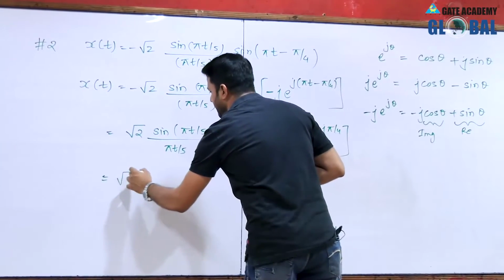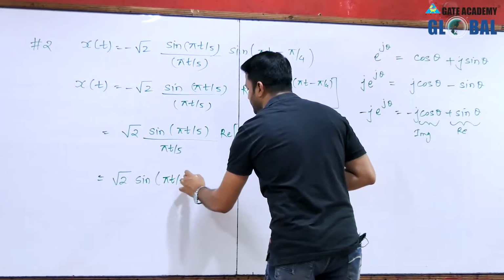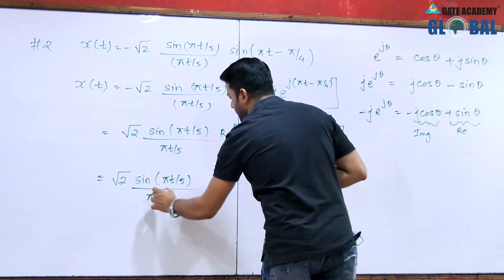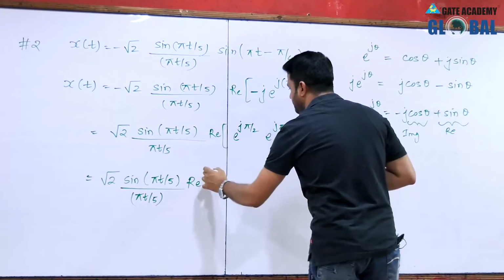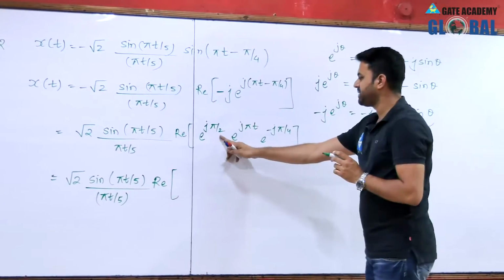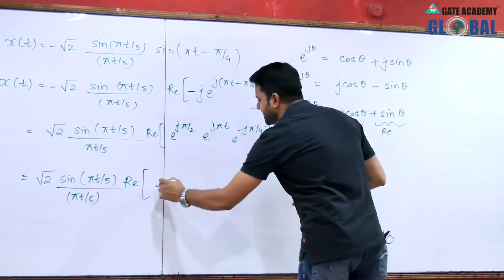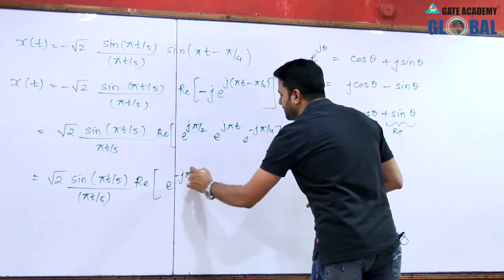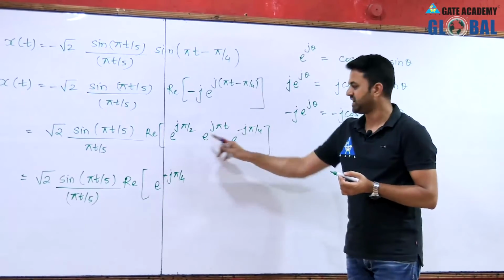Now we can also write root 2 sin pi t by 5 divided by pi t by 5 times the real part of e to the power j pi by 2 and e to the power minus j pi by 4. If we solve these two, we will get e to the power minus j pi by 4, sorry, plus j pi by 4, because this is positive and this is negative.